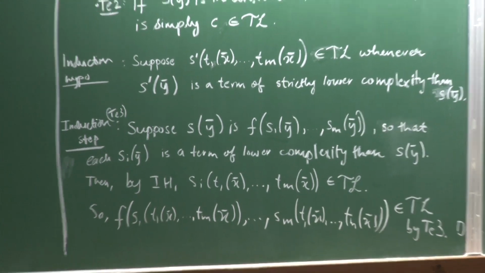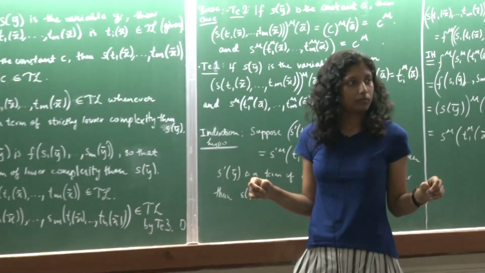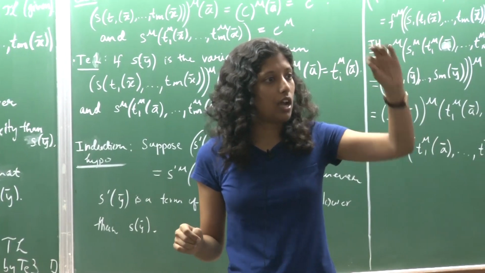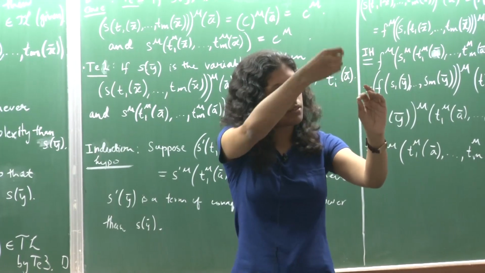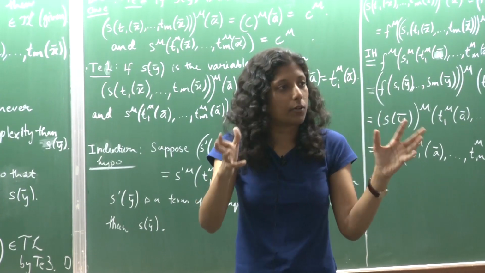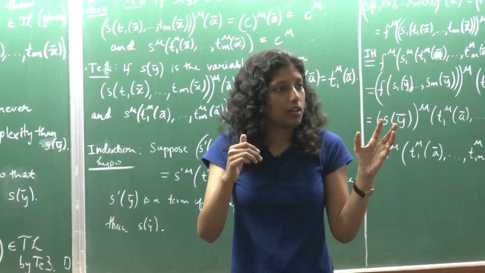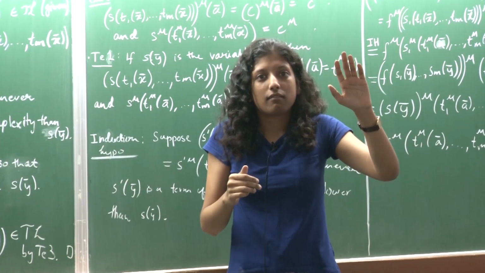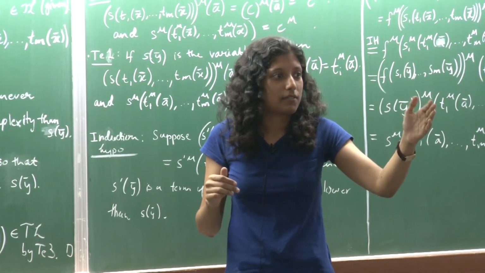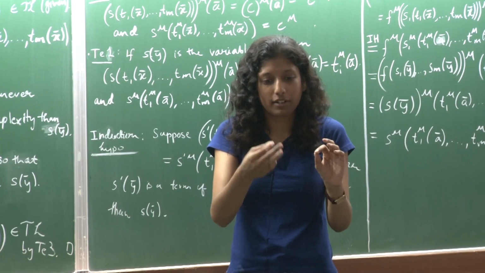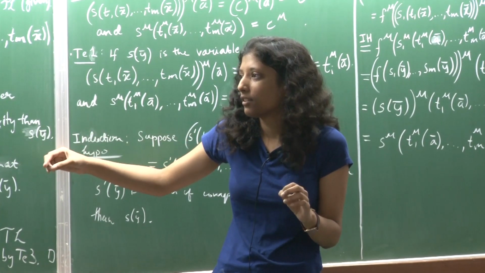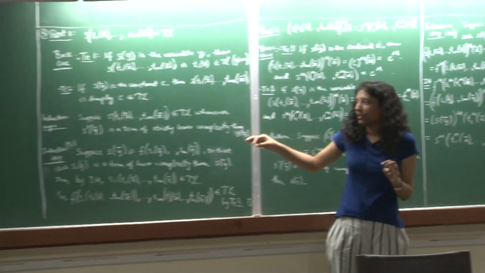Any questions? What exactly is complexity? The definition of a term is inductive. You start from constants and variables, and then you start building things up using the function symbols. So that is a rough notion of complexity. You can say it is the number of times a clause in the definition is used.